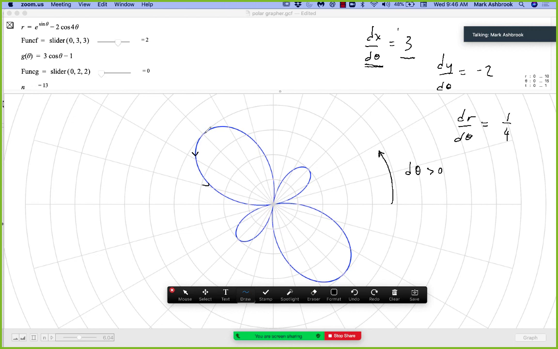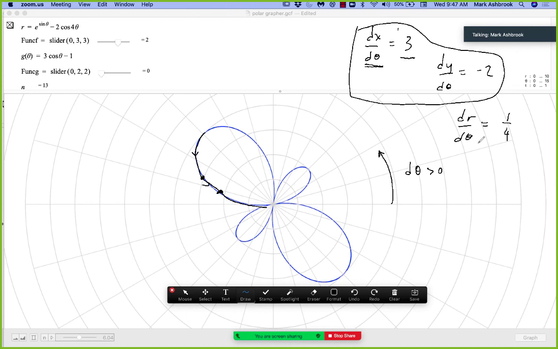So maybe along this part of the curve is where both of these things could be true. I just made those numbers up, so it's not guaranteed, but maybe somewhere around here, dx/dθ is 3 and dy/dθ is -2.